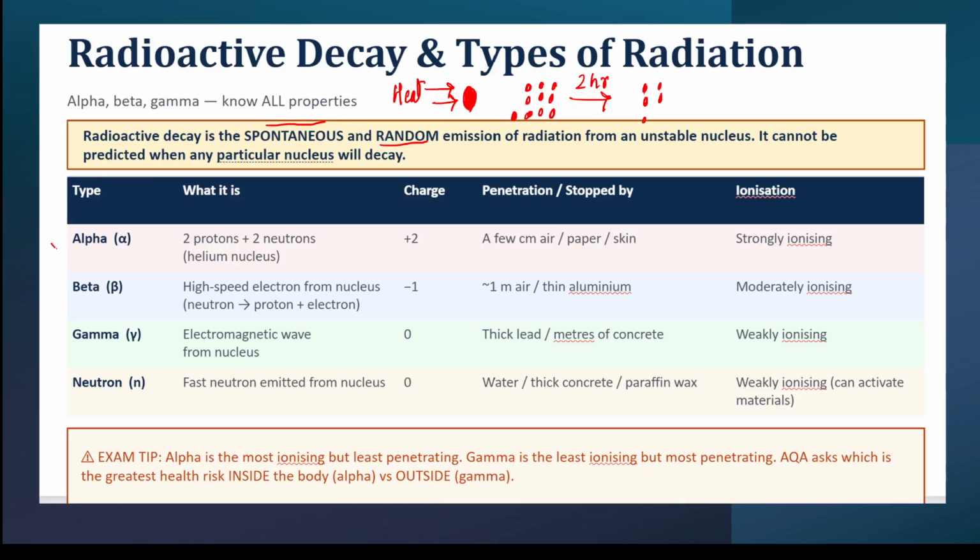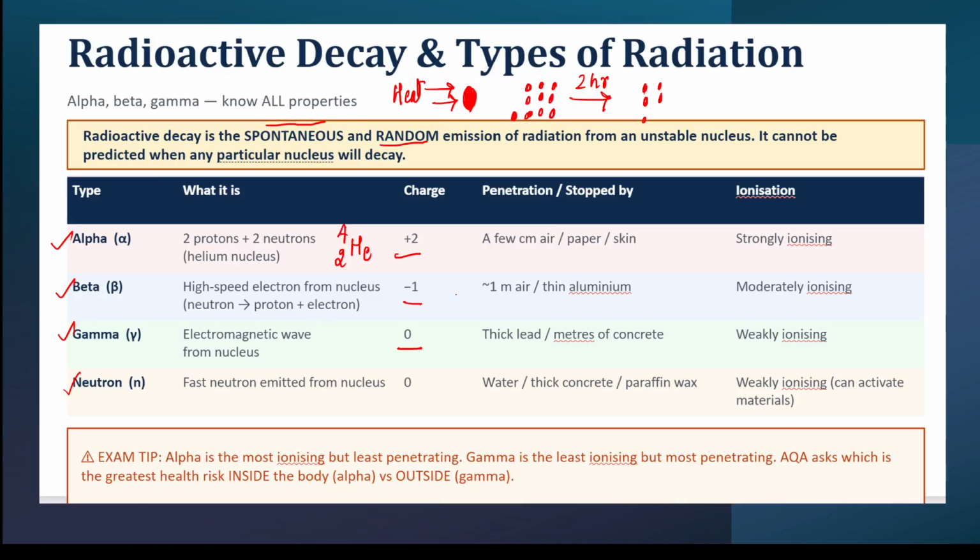Now you need to know the properties of alpha, beta, gamma, and sometimes neutron too. The charge of alpha is +2, the charge of beta is -1, gamma has no charge. Another symbol for alpha is 2He4, so you can see the mass number is 4.